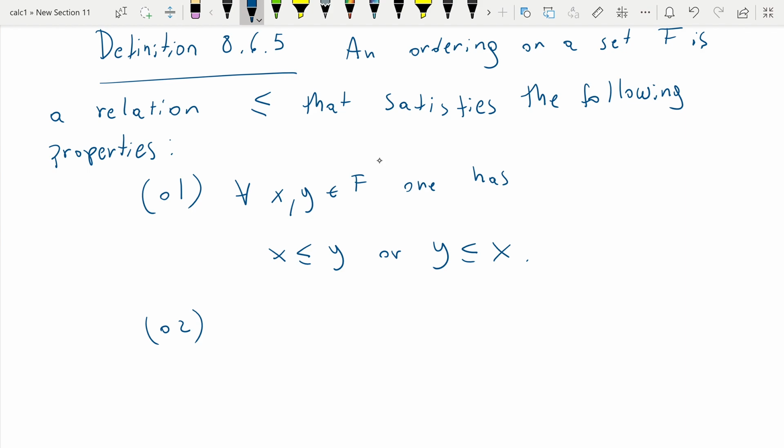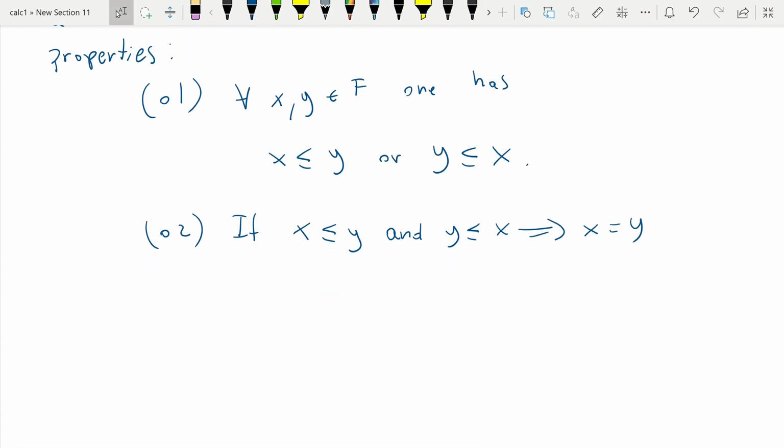So now the second property is that if you know that one element is not bigger than the other, and you can say the same thing reversing the roles of y and x, then that implies that both elements are the same.